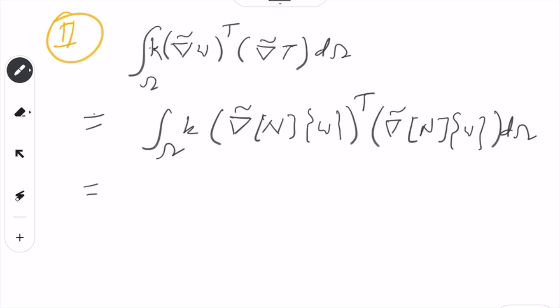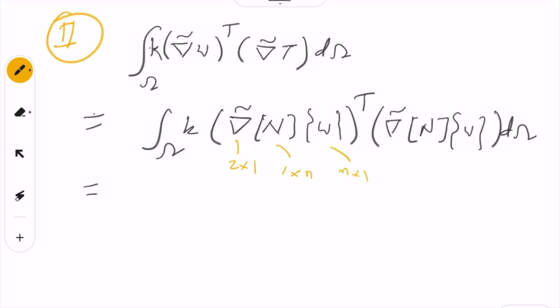Now we have a transpose here, so accordingly we can see how it is going to work. This del is 1 by 2, this N is 1 by n, and w will be n by 1.